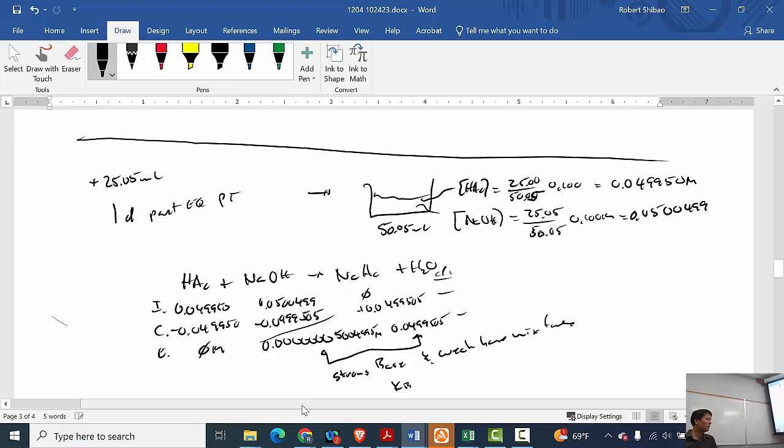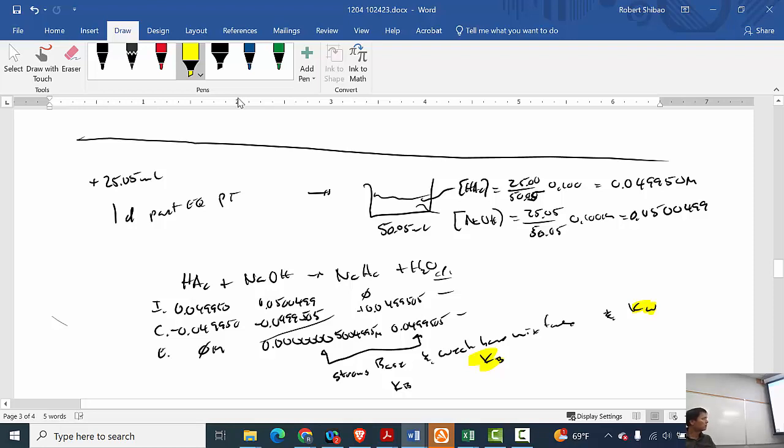So we're going to have Kb for the strong, which is very large, Kb for the weak, and Kw. What we need to figure out is, is this significant? Are these two significant? Normally we'd say they're not significant because a strong base goes to completion, and the common ion effect and everything else means that these aren't.